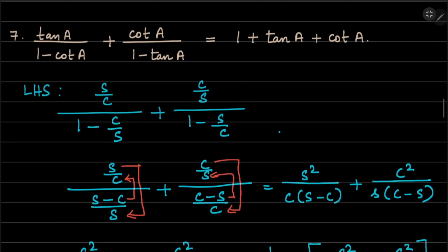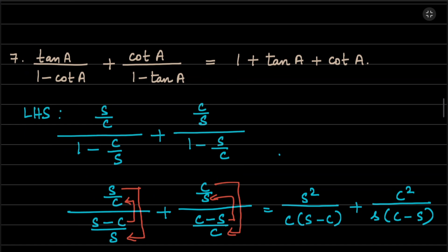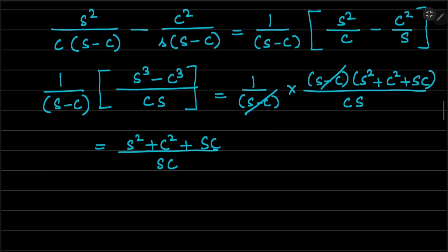What do you need? You need 1 plus tan A plus cot A. So what you are left with is sine square plus cos square plus sine cos, whole divided by sine into cos. Just split up the denominator into all three terms.